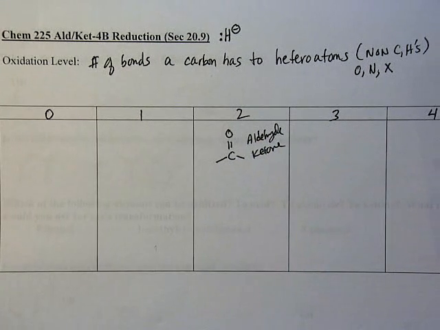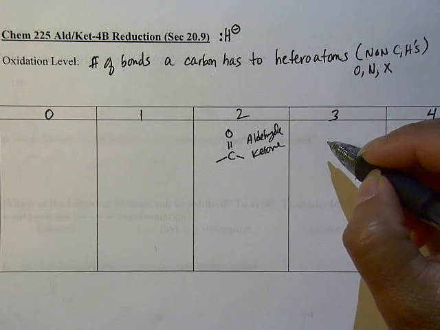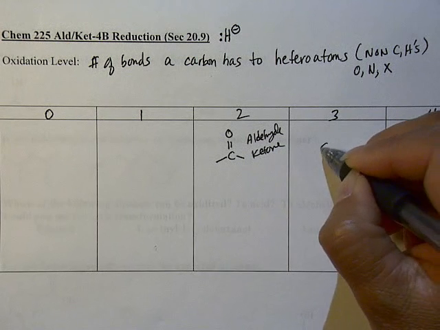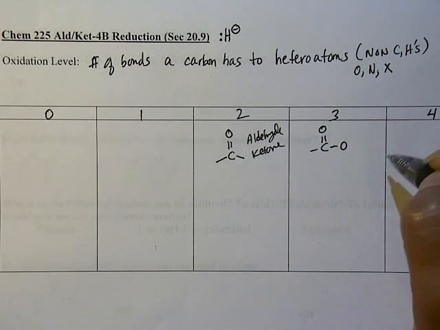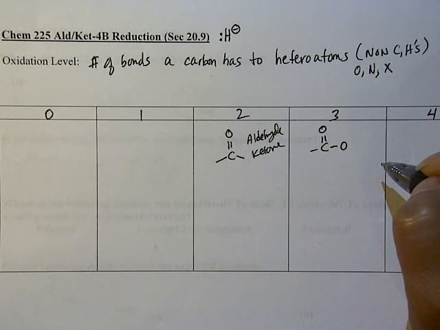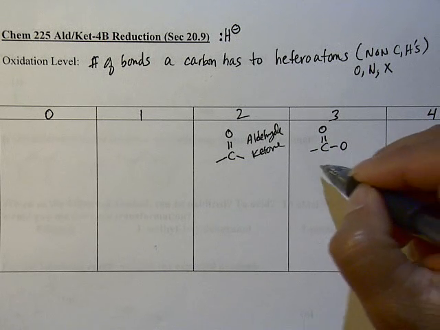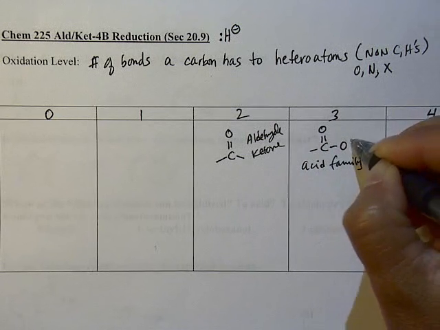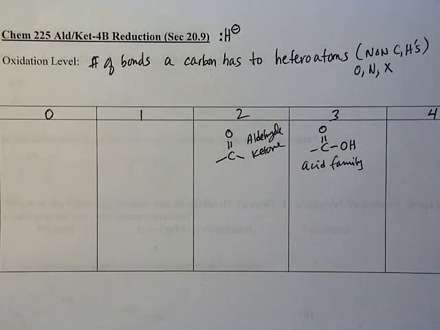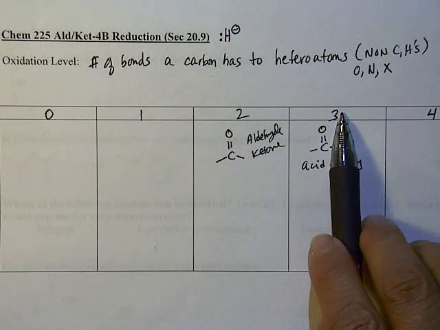Now, one of the reasons why we study the acid family in the next unit is because its oxidation level is higher, because it has not only the carbonyl but another oxygen, or another nitrogen, another heteroatom attached. So the acid family, including carboxylic acids, esters, amides, and anhydrides, belongs to oxidation level 3.